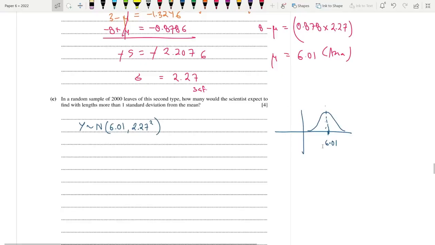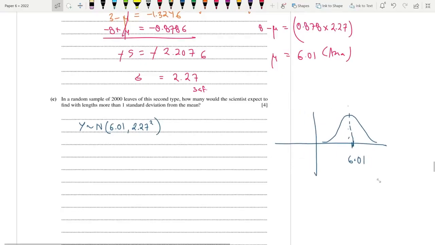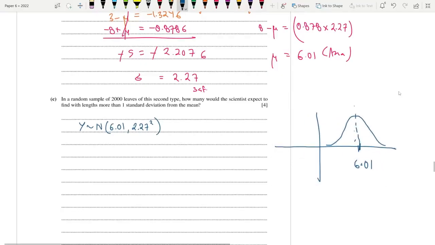Check this: what if we had 6.01 plus sigma, and 6.01 minus sigma? Isn't that one standard deviation above the mean and one standard deviation below the mean? So the scientist wants you to find lengths greater than and less than these.